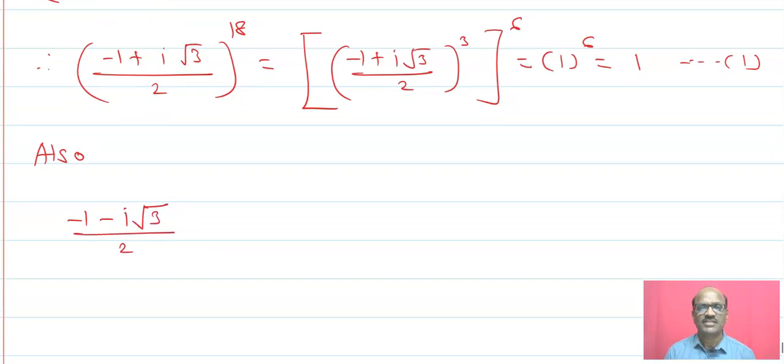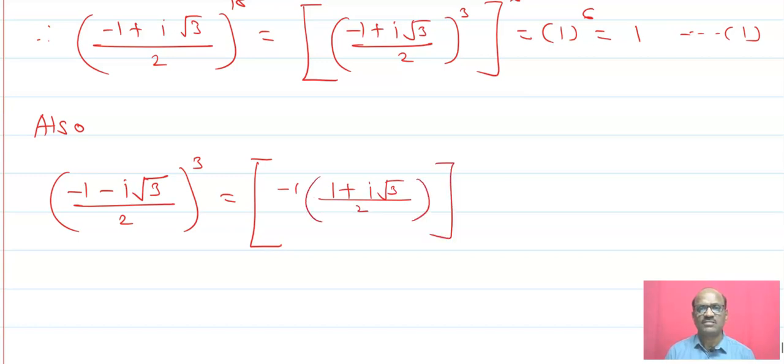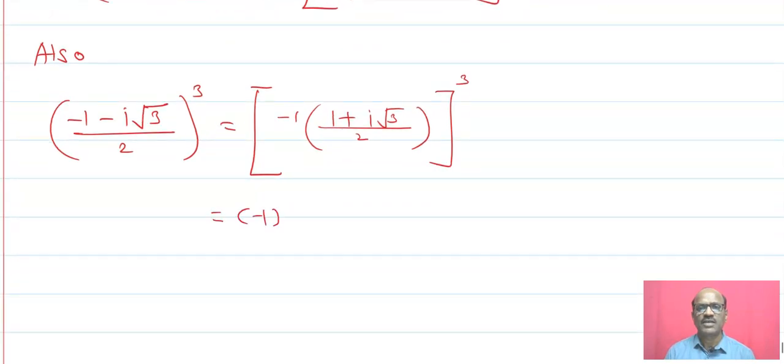Also for the next, (minus 1 minus I root 3 upon 2) bracket raised to 3. Therefore you will get minus, take the minus sign as common, bracket cube, and overall minus 1 cube, (1 plus I root 3 upon 2) bracket cube.